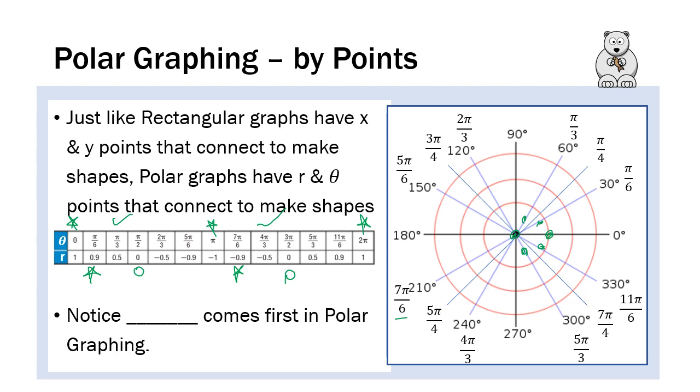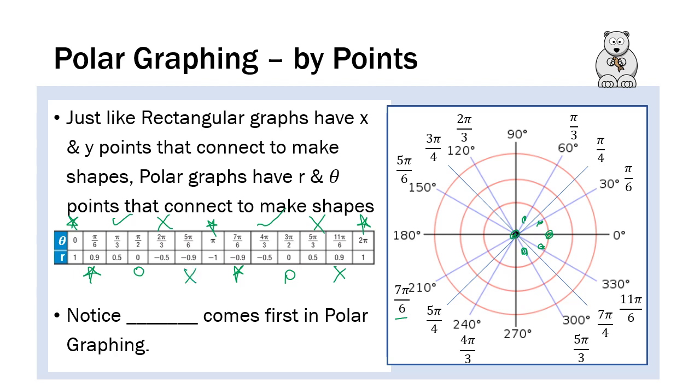The 2 pi over 3 was negative direction, 5 pi over 3 is positive direction, same point. So those two match. And of course 5 pi over 6 was going in the negative direction, so 11 pi over 6 is going in the positive direction, and they are meeting at the same place.